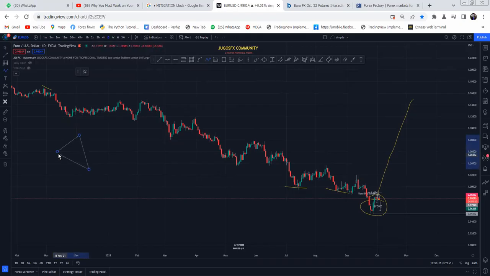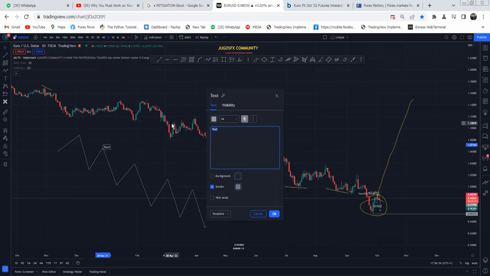Why? Because it's lower than this and it's lower than this. Now it comes up to around this area. Now this is a lower high, right? Because it's higher than this one, but lower than this. So this is a lower high, a lower low, lower high, lower low, lower high, lower low.